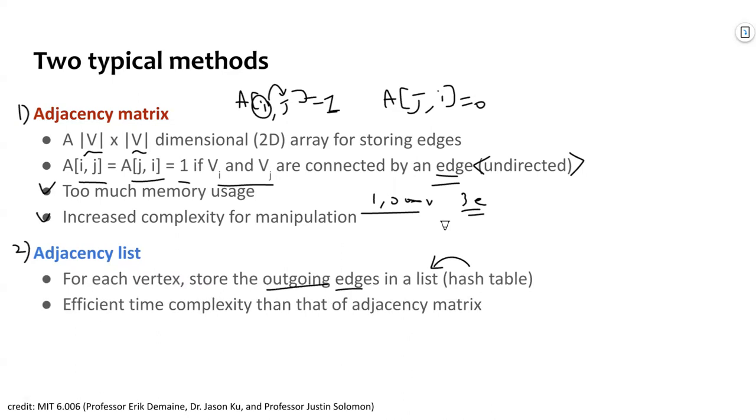And as you can see, it has better time complexity than the adjacency matrix, because we only store the actual edges. So if we have just 3 edges, then we just need to use 3 slots rather than 1,000 times 1,000 slots.